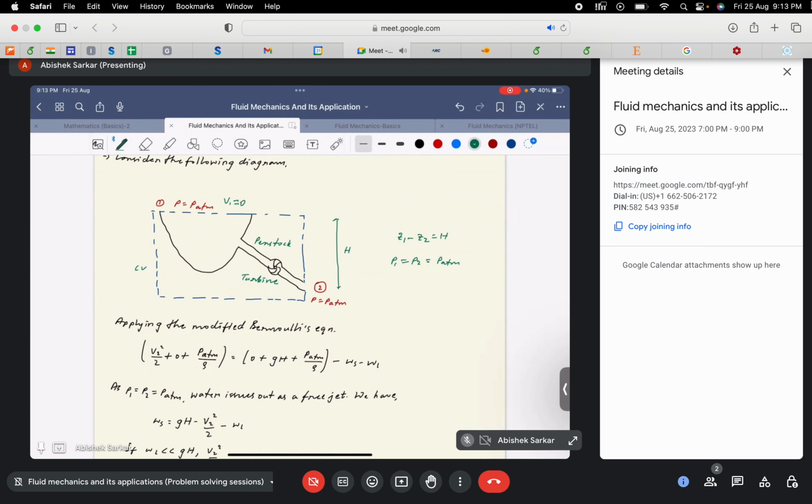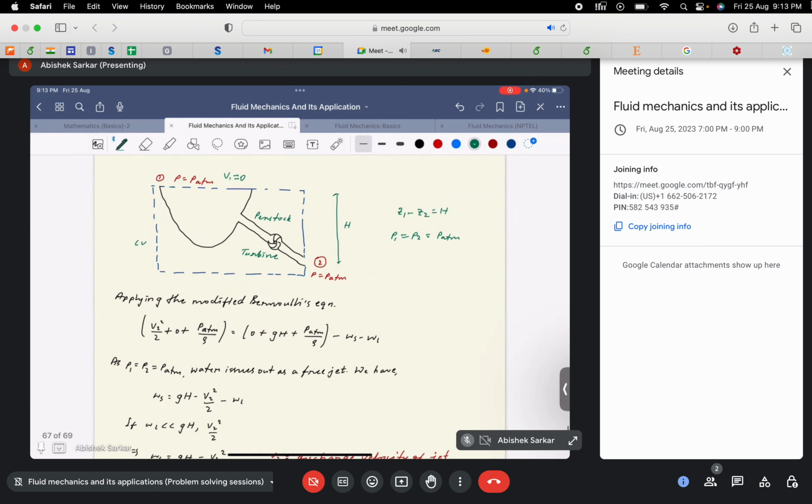Then we have minus the shaft work and the viscous losses. Keeping that in mind, you can clearly cancel out both these pressure terms.